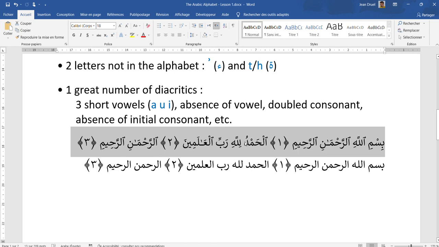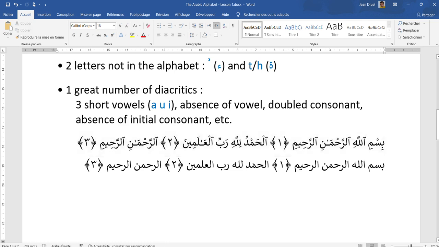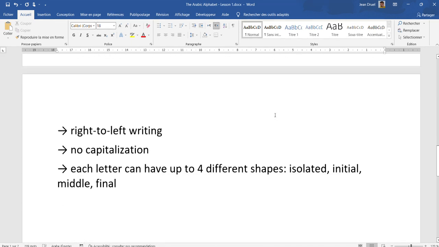So these indicate the vowels, the absence of vowels, the absence of consonants, and the doubling of the consonant. But very often you would find a text written without them. And to facilitate the reading, I can just add them. So here that would be adding or removing the diacritics. So these are in great number, and we will study them one after the other.